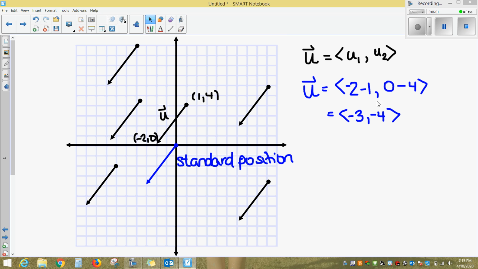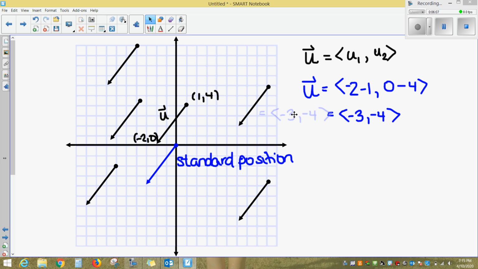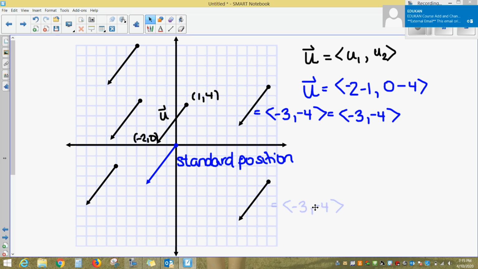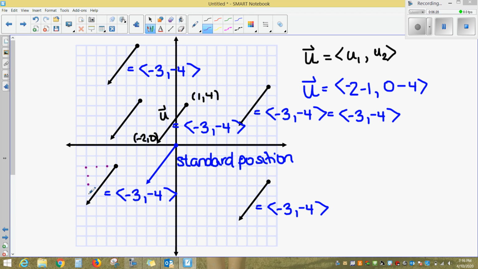Now, again, let me clone him. If I check any of these vectors, from their initial point, if I start walking, I go to the left 3 steps, and then down 4 steps, and that's where I end.